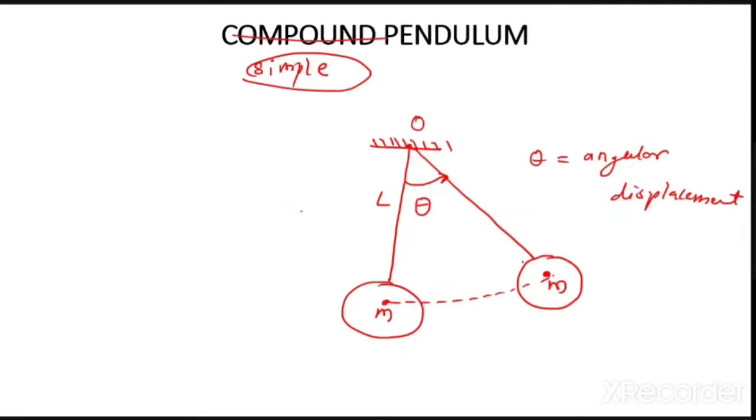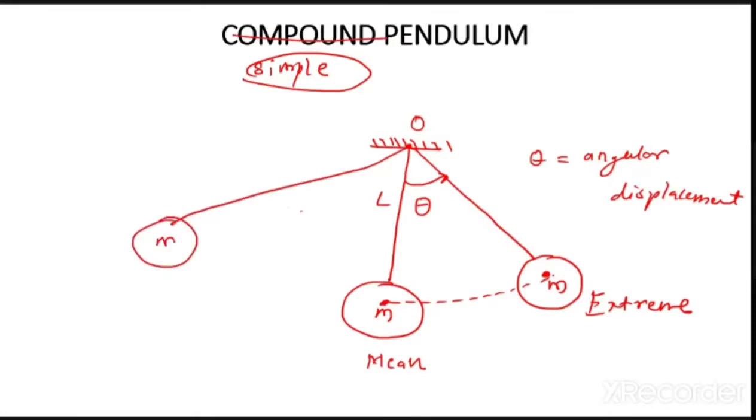Let us say you call this the mean position, and this is called the extreme position. After some time, from this point the mass m will move to this point, and again it will come back to this point, which is again an extreme position.